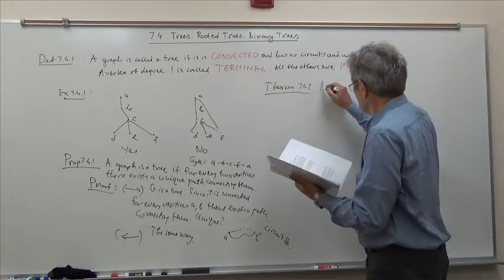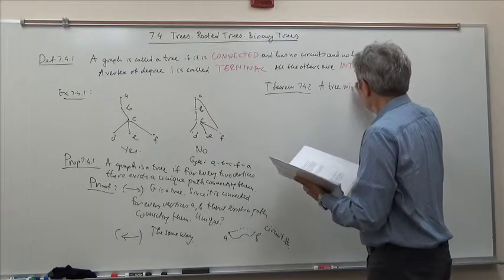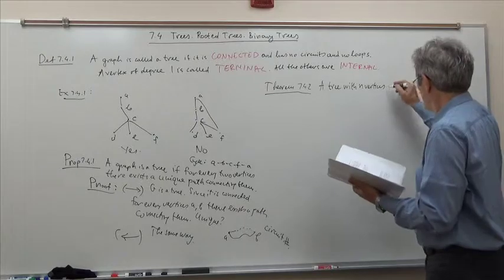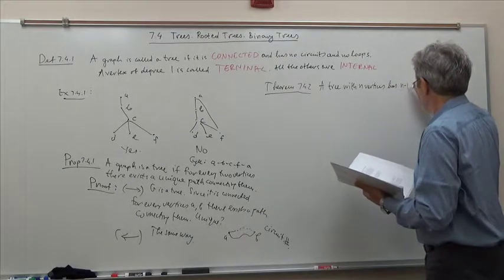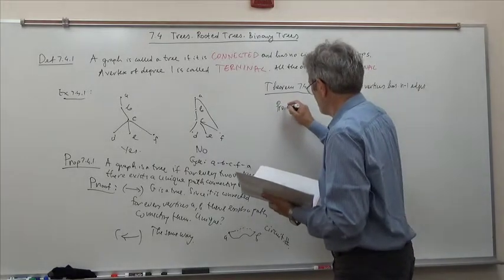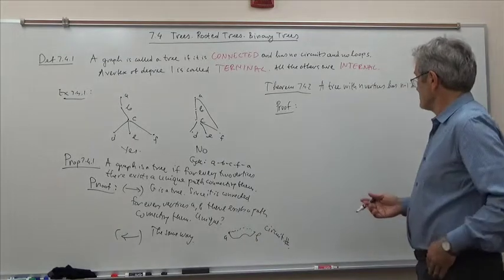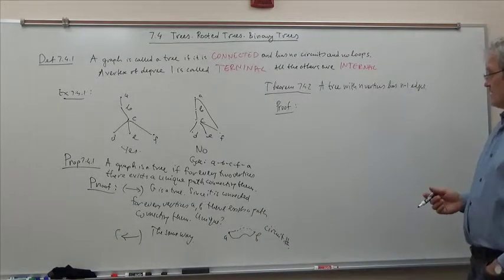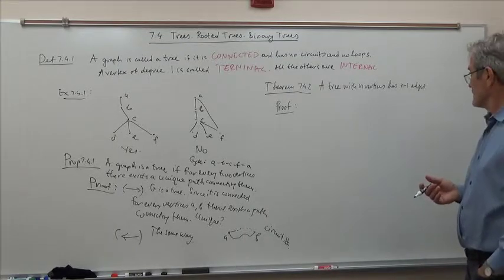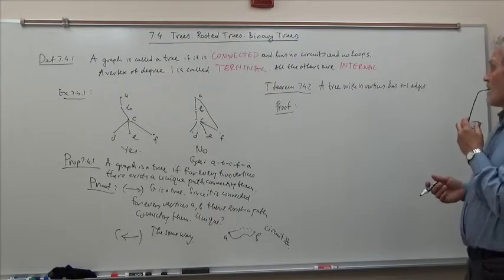So here is one: a tree with n vertices has n minus 1 edges. This would be a good problem for a final, because it is not absolutely trivial, but it is fairly easy to prove.